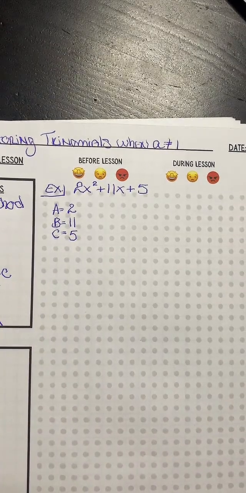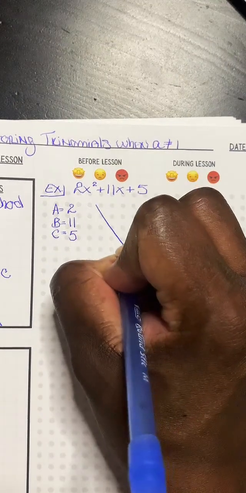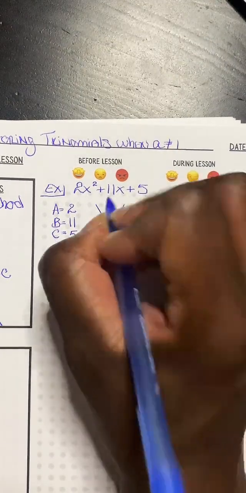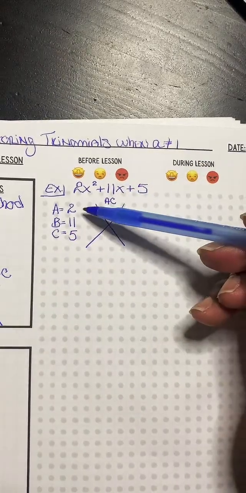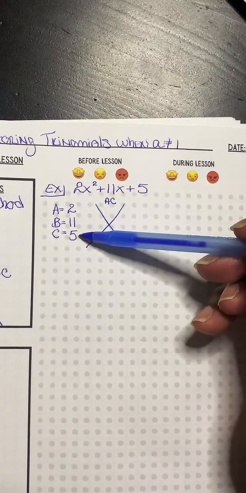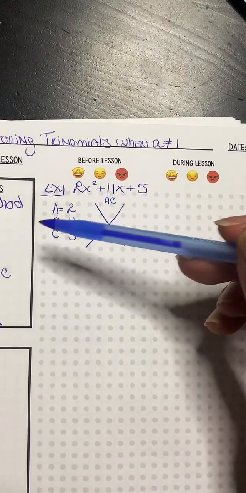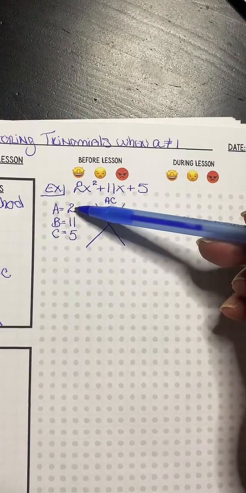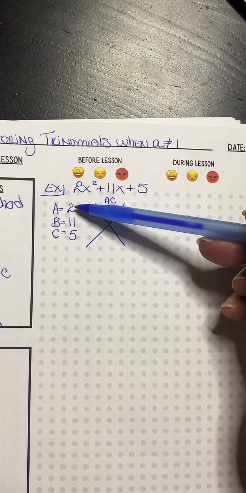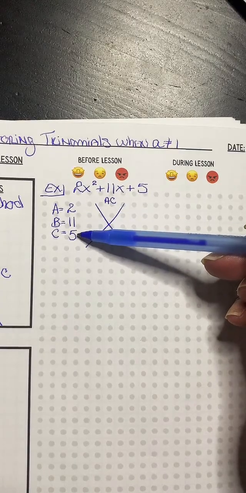Okay? So now, we want to get our cross. And what we're going to do is multiply the A and the C. So before, we didn't have to do this step because my A was a 1, and 1 times a number is itself.